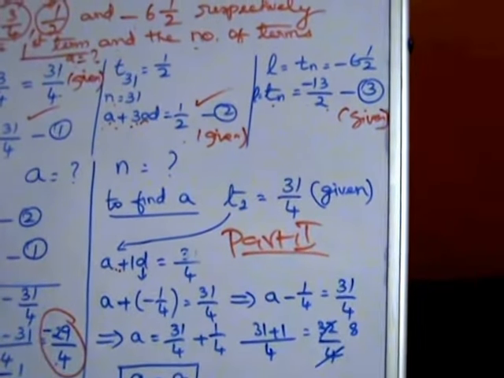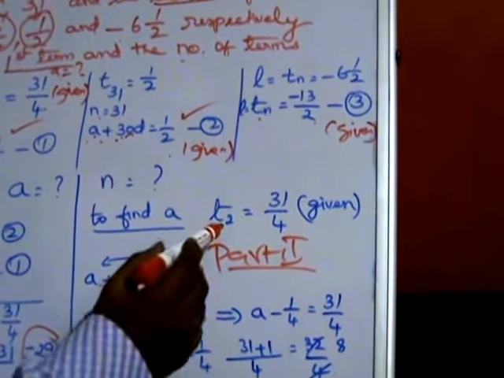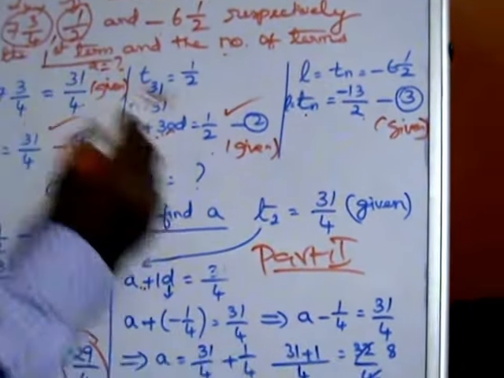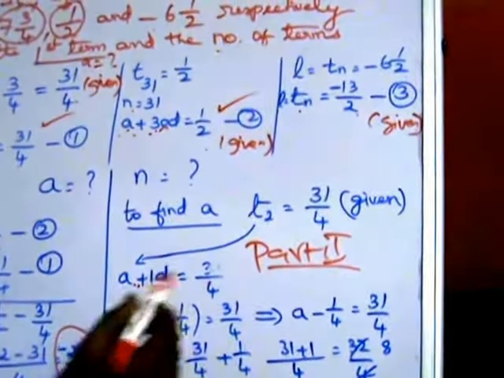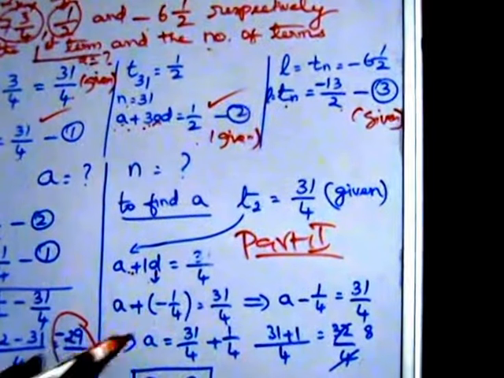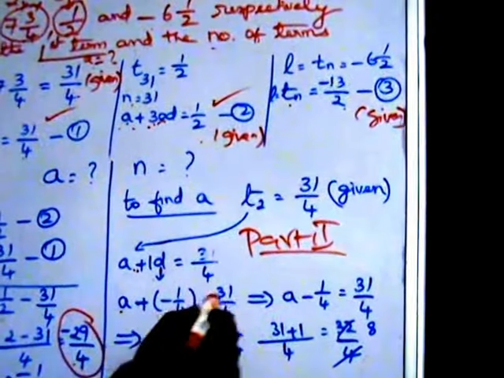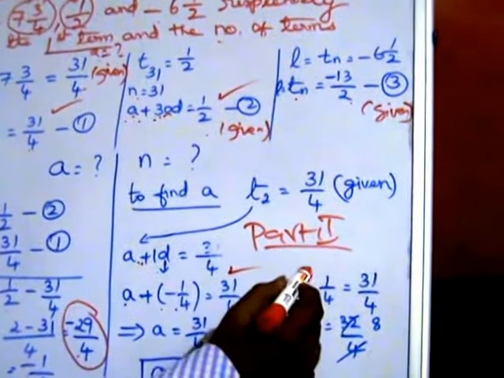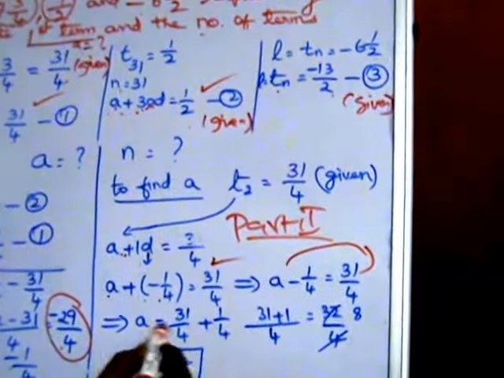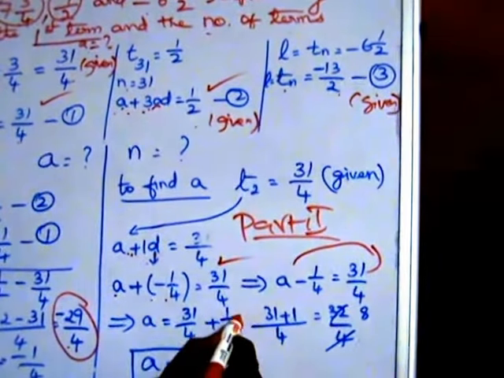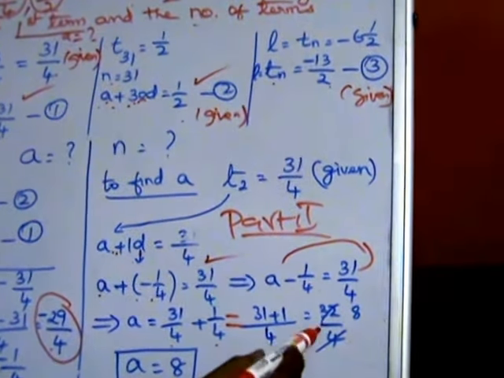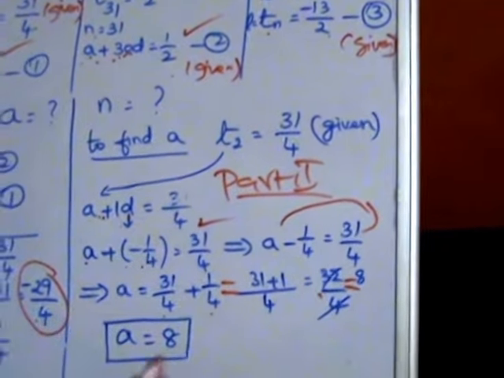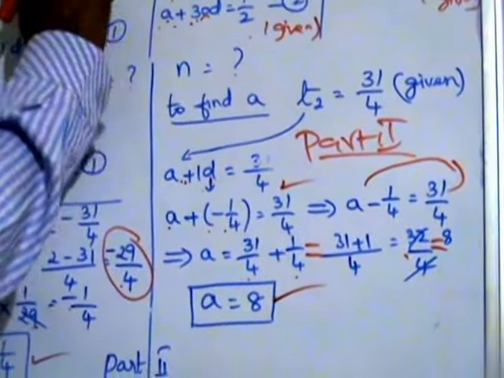So take the first equation, term 2. Term 2 is how much? Term 2 is 31 by 4, which is A plus 1D. D we know already, D is minus 1 by 4. So A plus minus 1 by 4 is 31 by 4. Take the 1 by 4 to that side. When you take it that side, A equals 31 by 4 plus 1 by 4, which is equal to 32 by 4, which is equal to 8. So you get the answer A equal to 8. The first term is 8.